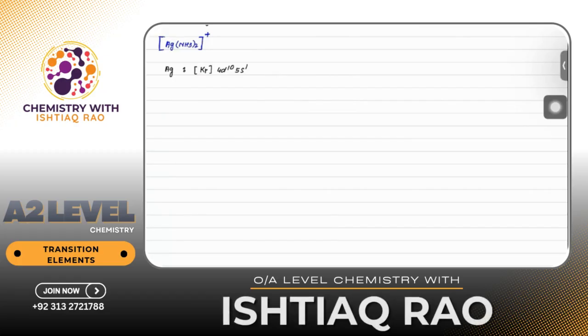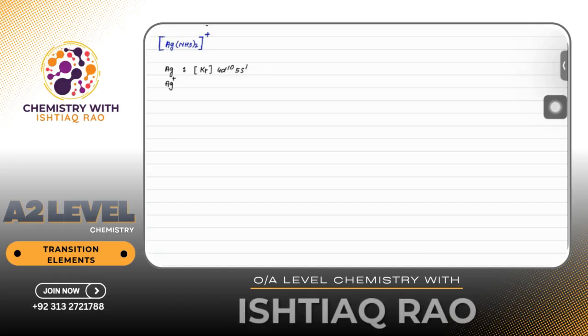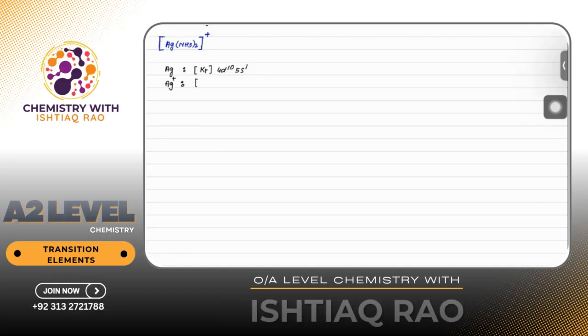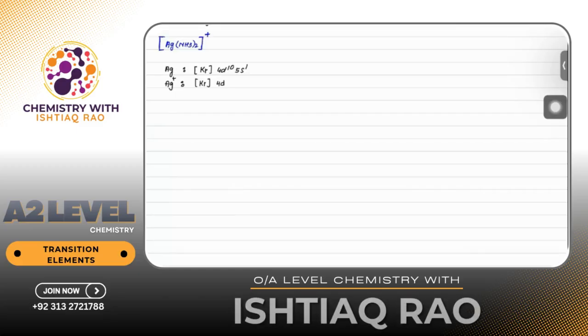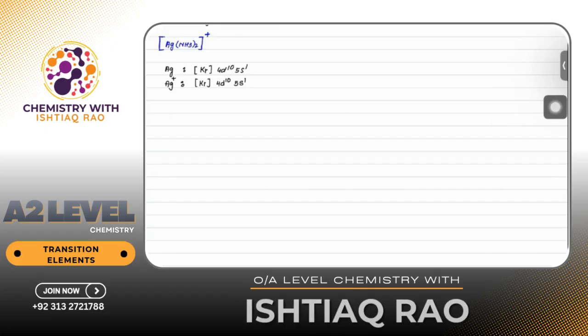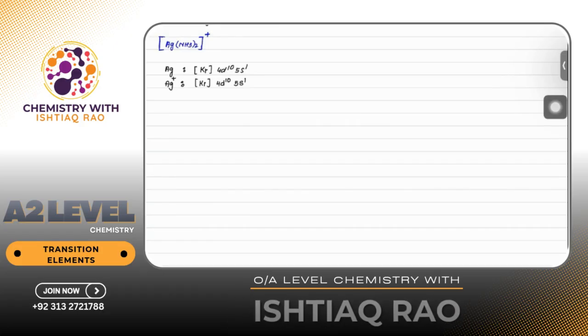Then what can I write for the silver cation? It's going to be 4d10 and 5s0. Hopefully you are getting what I'm saying.